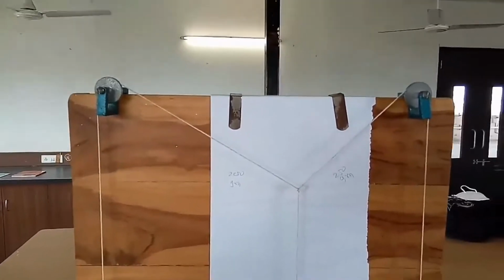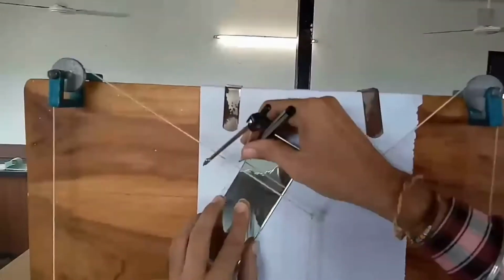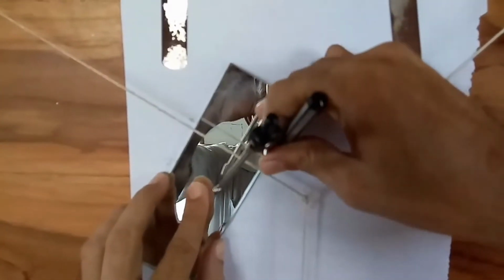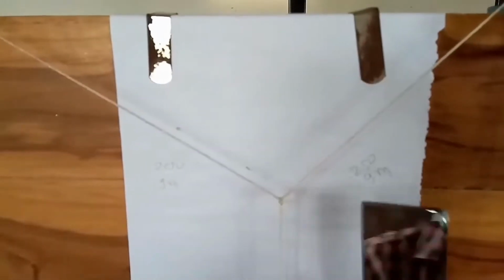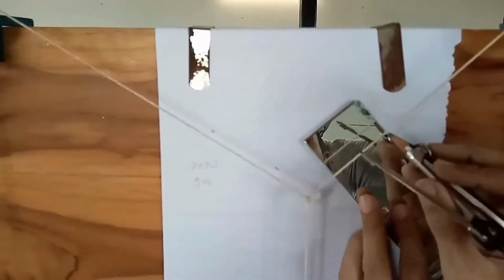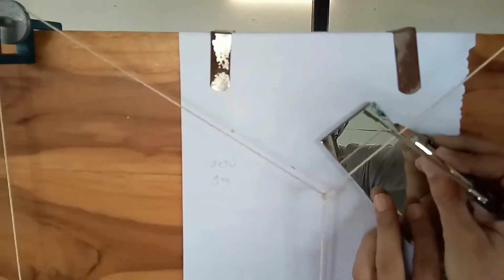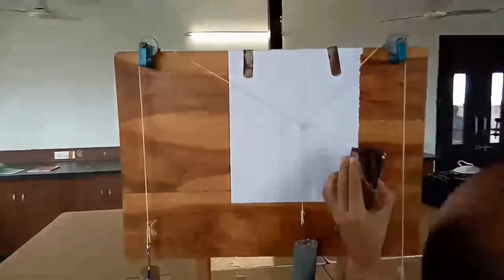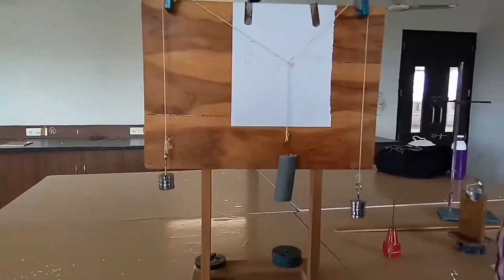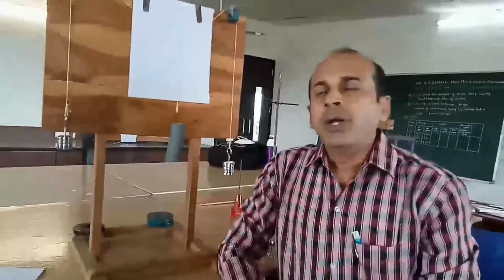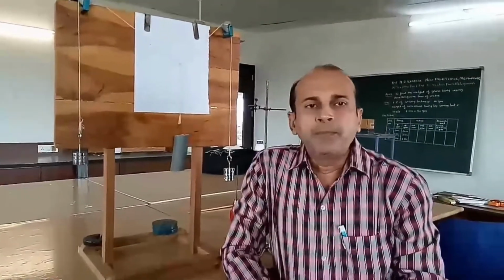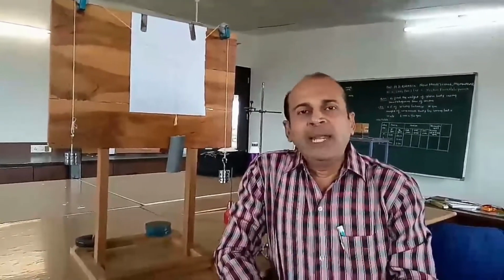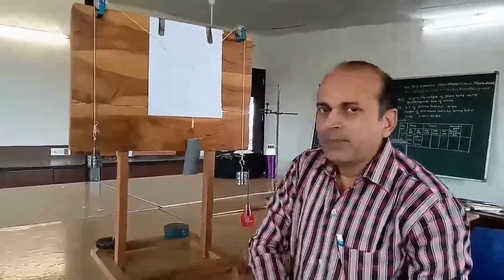Take the image of the thread. Okay, now using the rounder, let me draw the parallelogram, find the fourth vertex of the parallelogram, and measure the length of the diagonal.